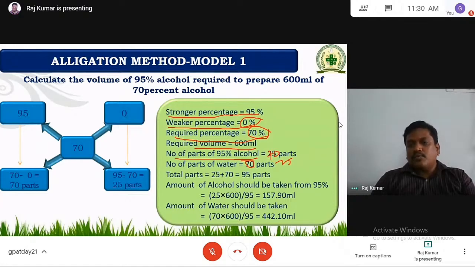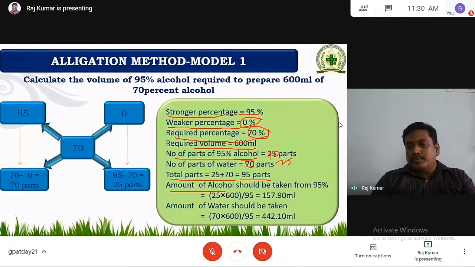Number of parts of water will be 25 parts. Let us consider the total parts: 25 plus 70 is equal to 95 parts. So total parts is 95.